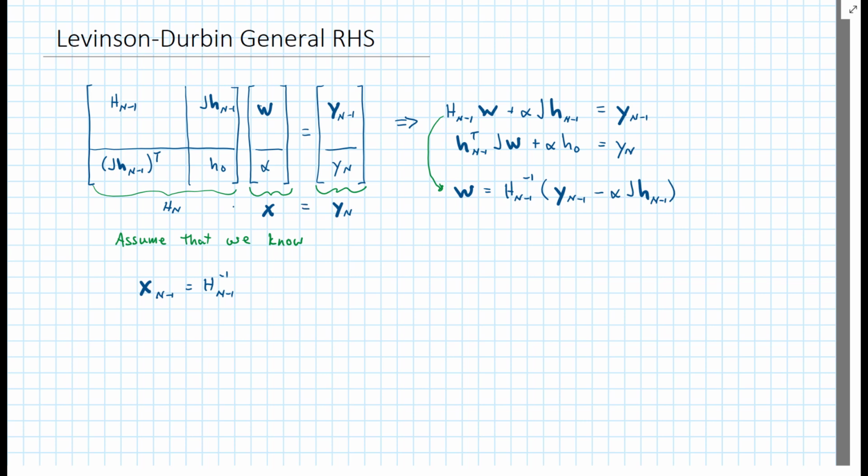So we're going to assume that we have the solution to the smaller problem: x of n minus 1 is equal to h n minus 1 inverse times y of n minus 1.